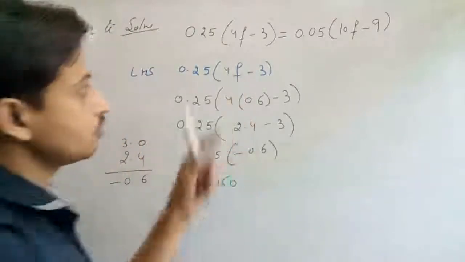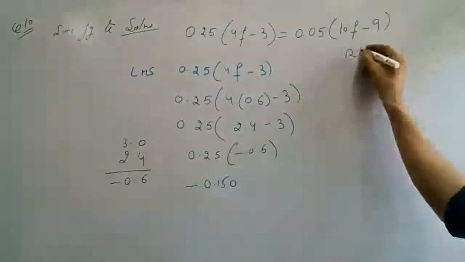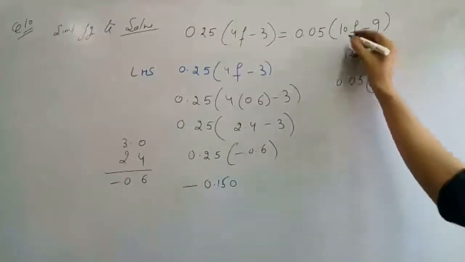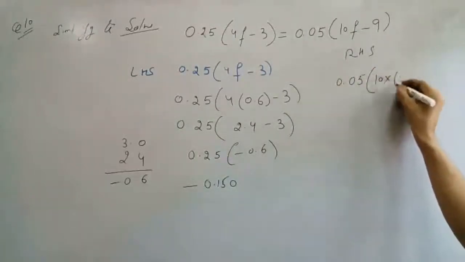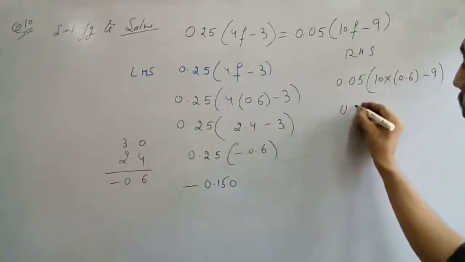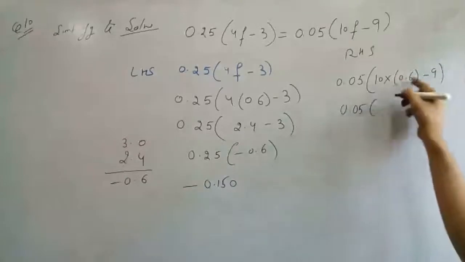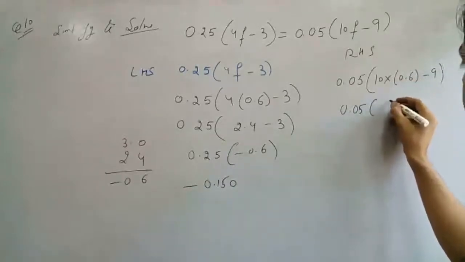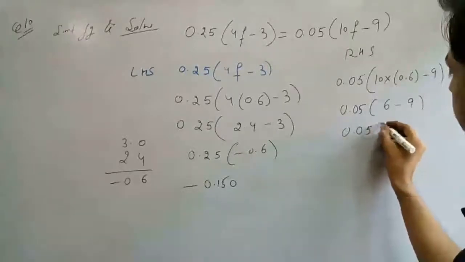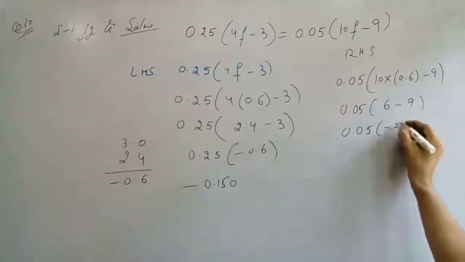Same you have to do on the right hand side. 0.05 into 10 into f, f is 0.6, minus 9. 0.05 into 10 into 0.6, we get 6, minus 9. 0.05 into 6 minus 9, that is minus 3.